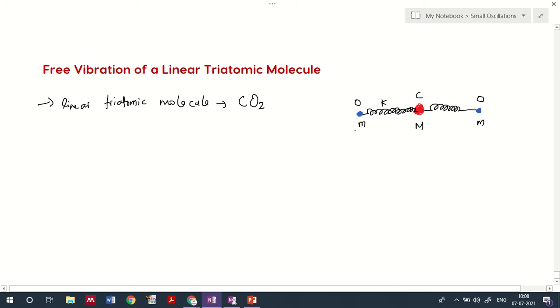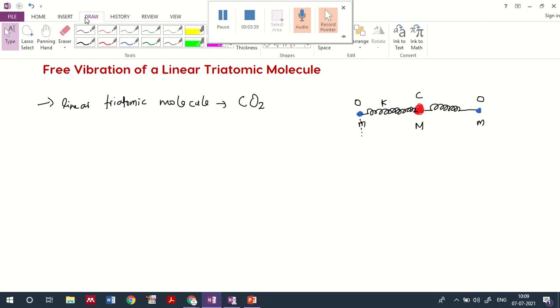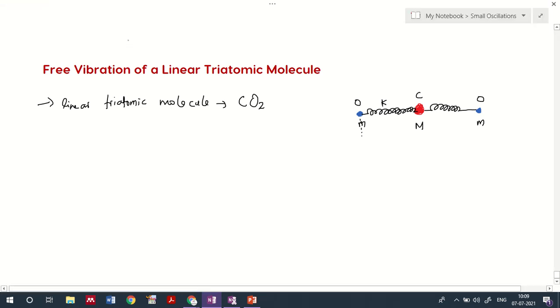If you take the mean position of this one, that mean position I could represent. So if this oxygen atom is moved by a small distance, there will be a corresponding associated movement of the other atoms as well.